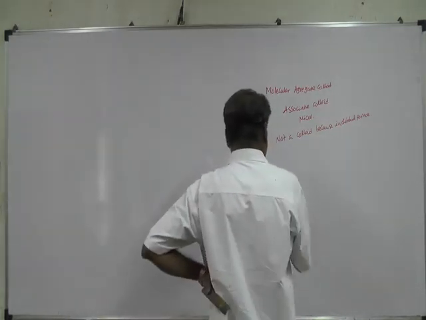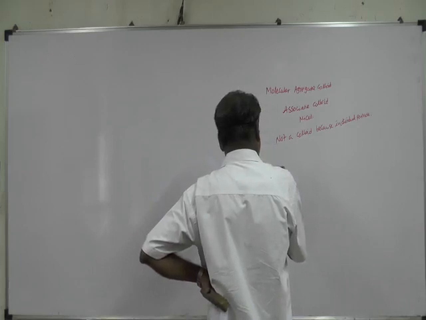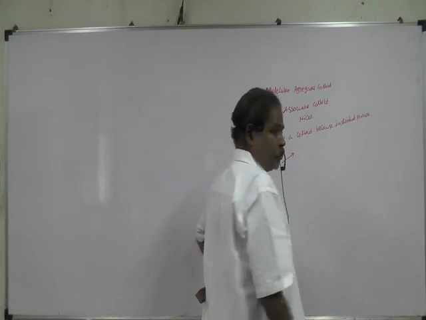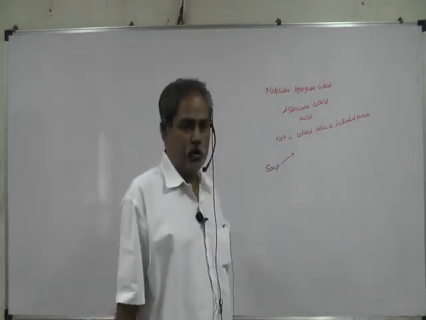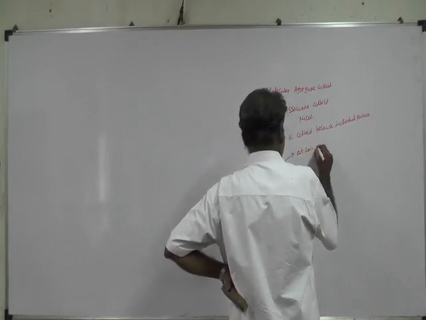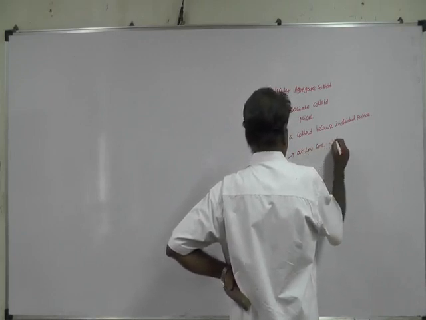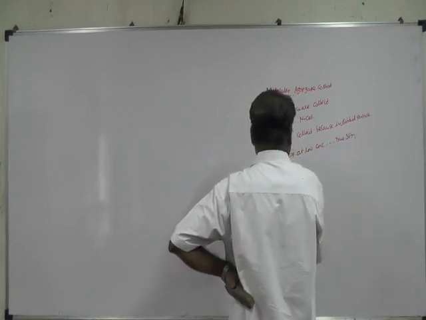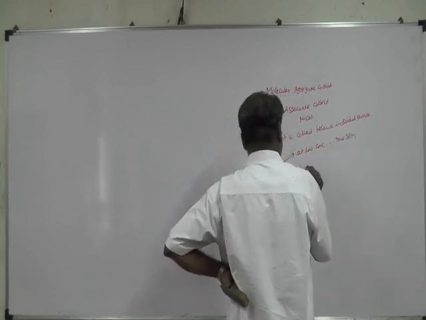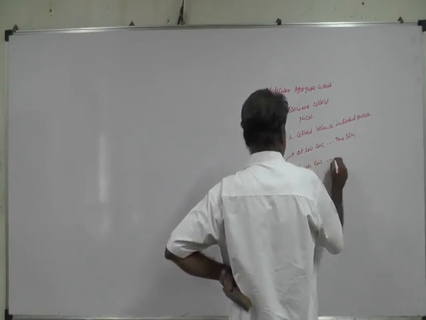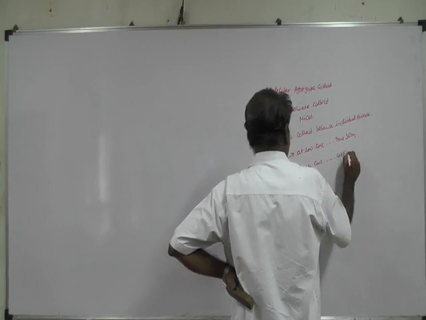So what will soap form? Does it form a true solution or a colloid? Both. At low concentration, if you take very little soap, you get a true solution, and at a high concentration you get a colloid. How do you get a colloid?